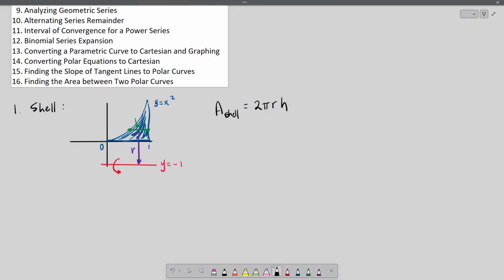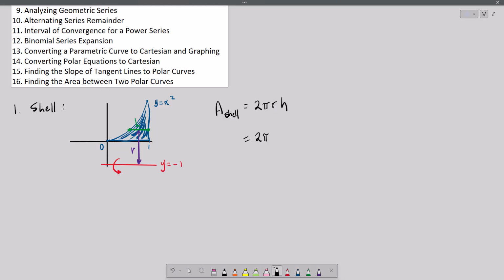So first question is, should we be integrating with respect to x, or should we be integrating with respect to y? Why? y, exactly. So we have a horizontal element, and the thickness of a horizontal element is dy. So that tells us integration with respect to y.